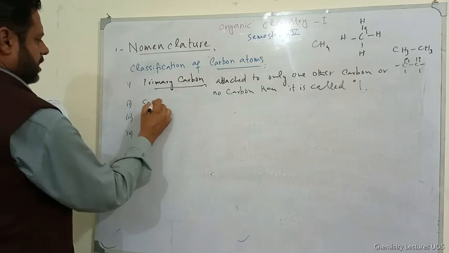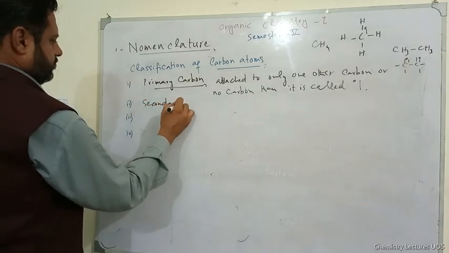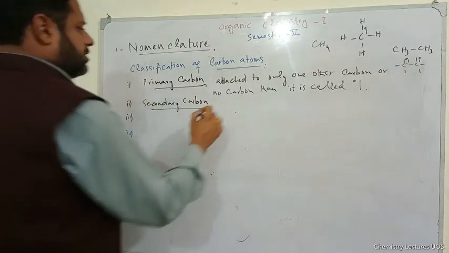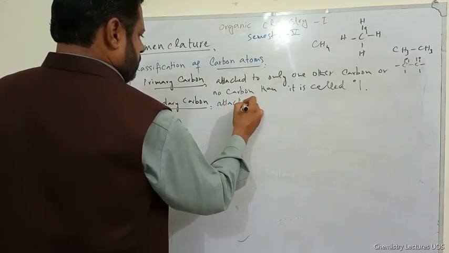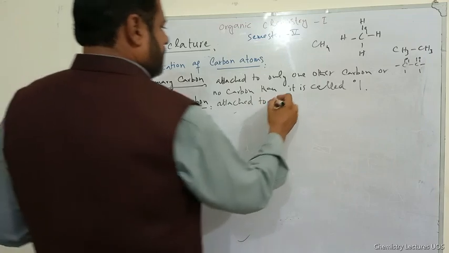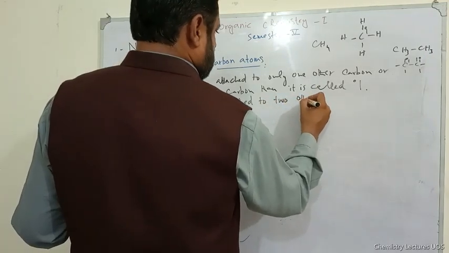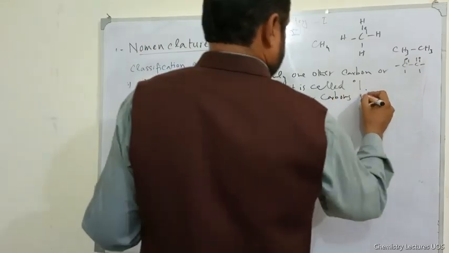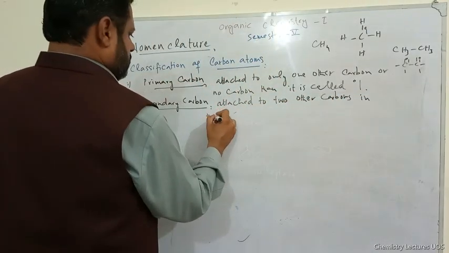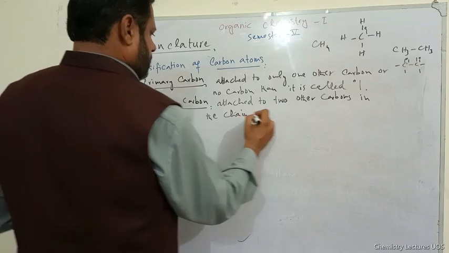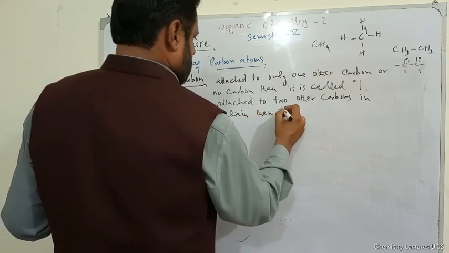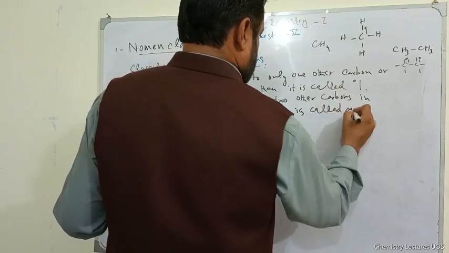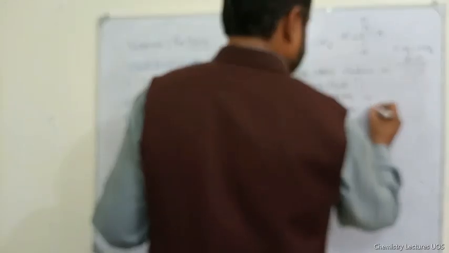Then it is the secondary carbon. If the carbon is attached to 2 other carbons in the chain, then it is called a secondary carbon.